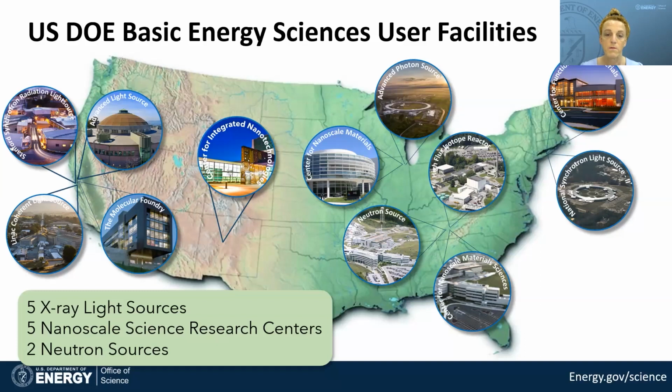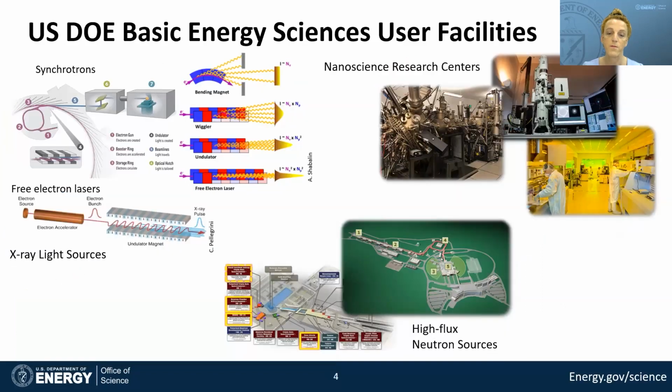If we can go to the next slide, I will give a little bit of overview of how these places work. Our X-ray light sources are particle accelerators that make use of the general property that when you bend a charged particle beam, you get light emitted. For a synchrotron, which is a circular accelerator, electrons are orbiting in a ring-shaped path, steered by magnets, and they're passed through devices called either wigglers or undulators that force the beam into an oscillating path using rows of opposing magnets.